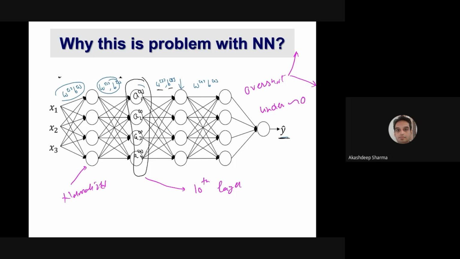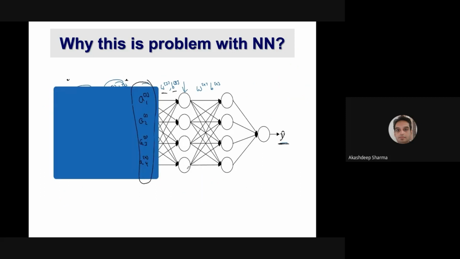You calculate the mean and subtract it, you minimize the variance. Variance becomes zero for the layers. But the only difference is you don't do it with respect to your inputs, you do it with respect to your previous layer outputs. Suppose I'm talking about the 10th layer, I may be more interested in normalizing it with respect to the 9th layer, because my 10th layer is having its inputs from the 9th layer, and my 9th layer is having inputs from the 8th layer.